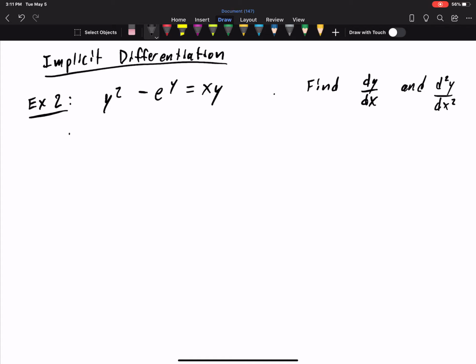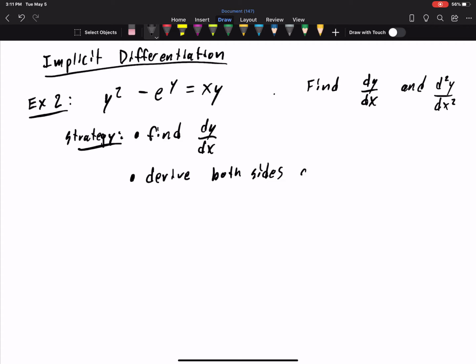So strategy: first find dy dx using the methods that we've used above. Derive, actually I'd say derive both sides, again, implicitly.